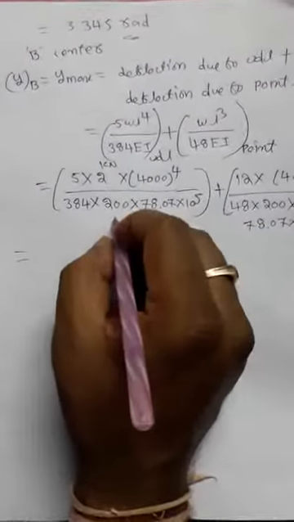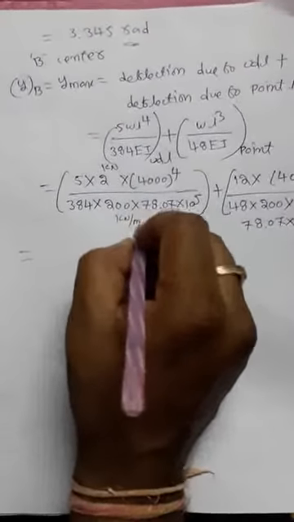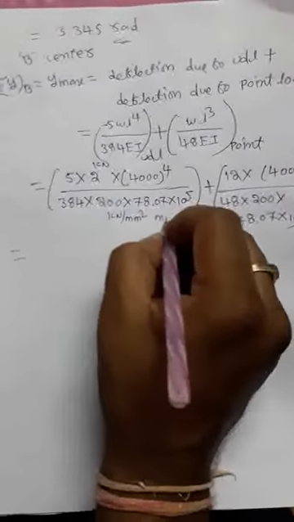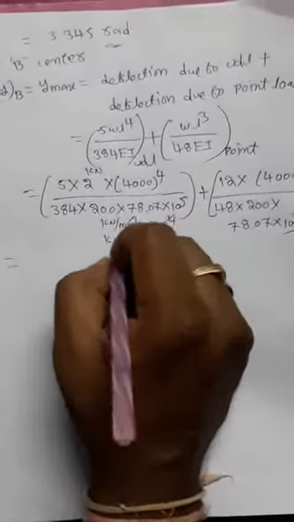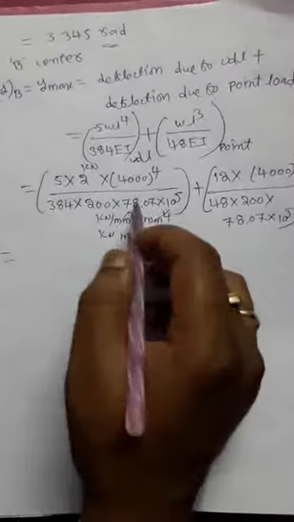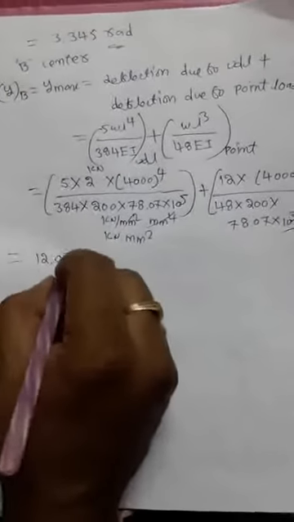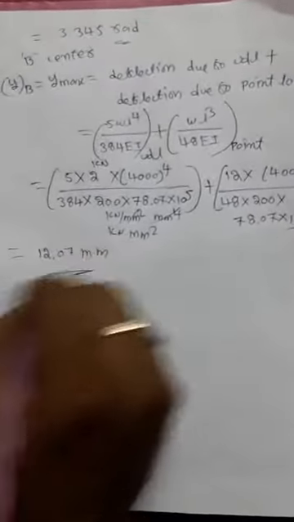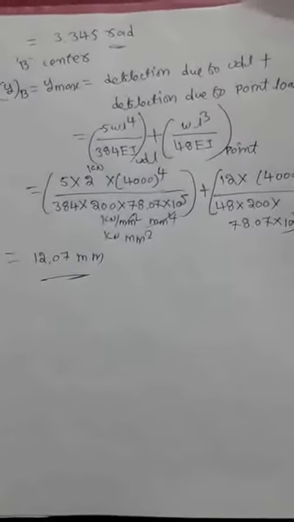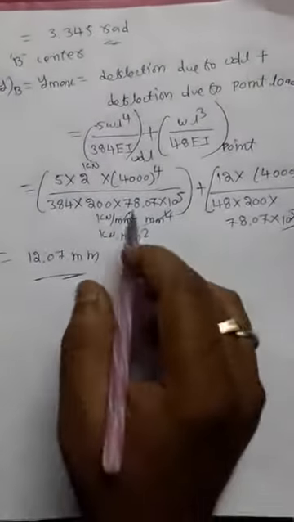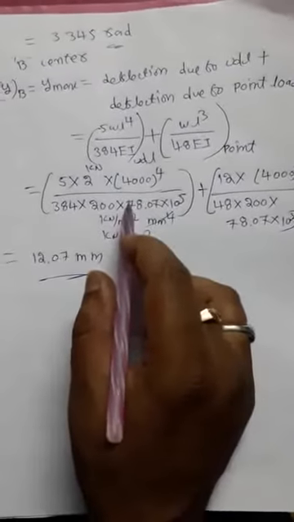The units cancel, leaving kilonewton and mm square. After simplifying this equation, the answer is 12.07 mm.